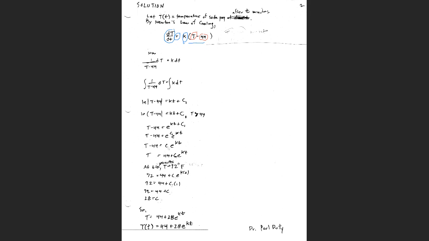Well, you're putting the soda pop in the refrigerator, so the surroundings are 44 degrees Fahrenheit. Okay, so does that help, Tyreek? Help you see how we got this differential equation? Does that help?